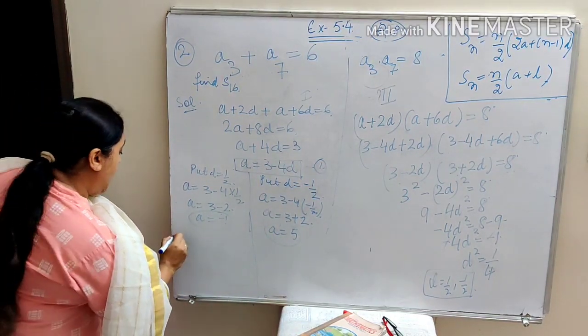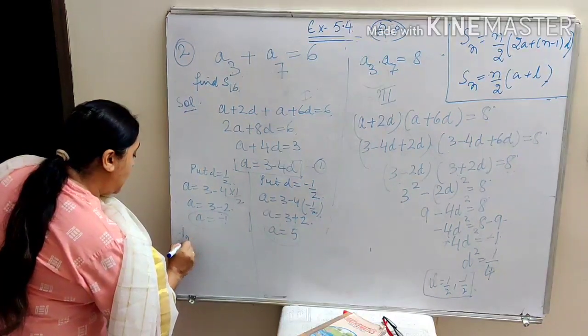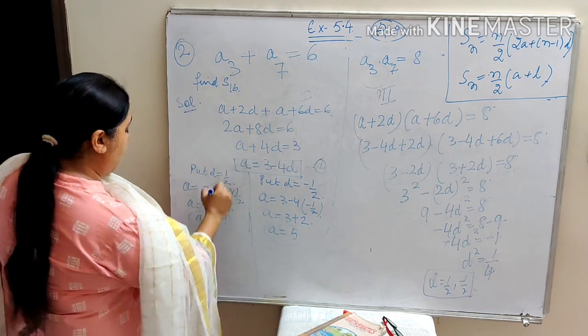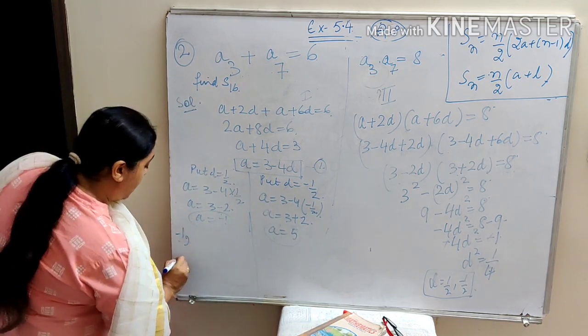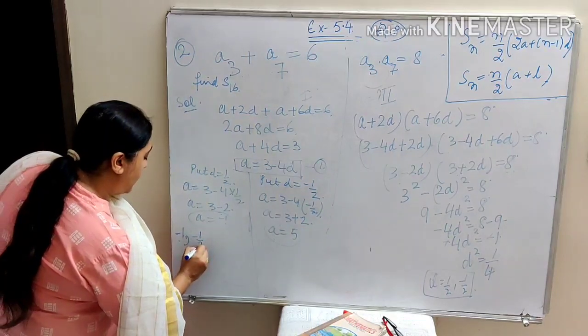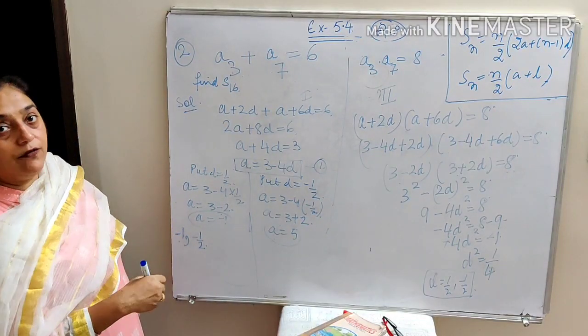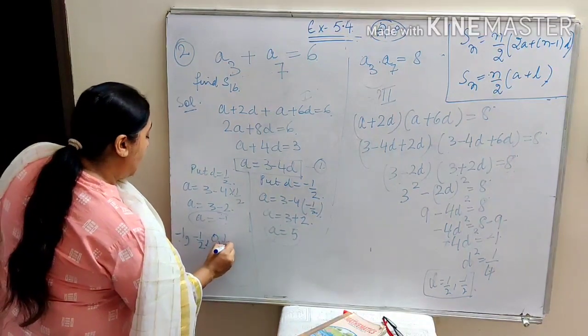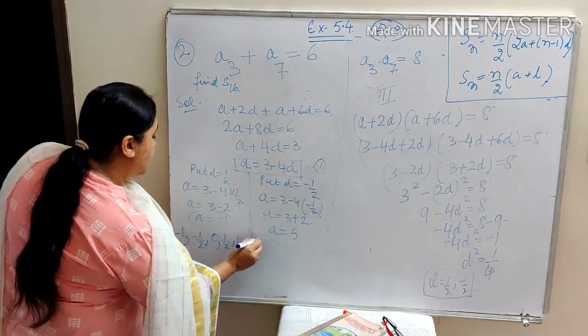Let us see. The first term will be minus 1. Now we add D to it. What was D? Half. So minus 1 plus half is minus half. Now minus half again plus half will be 0, half, 1 and so on.